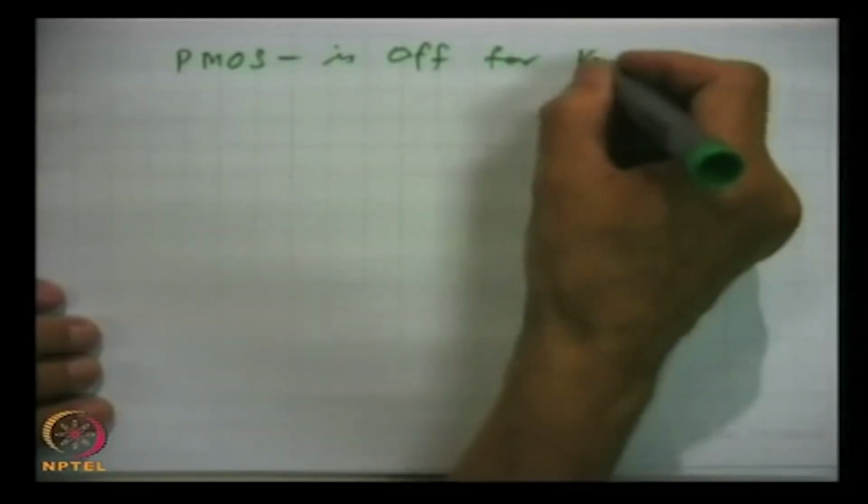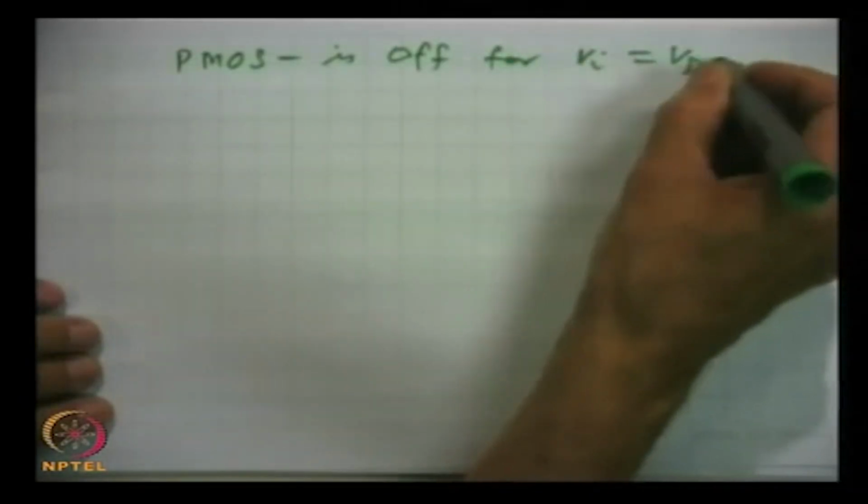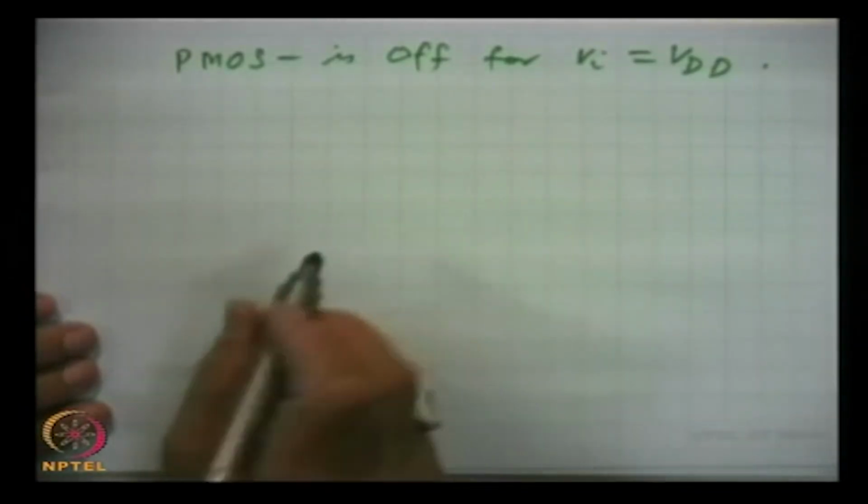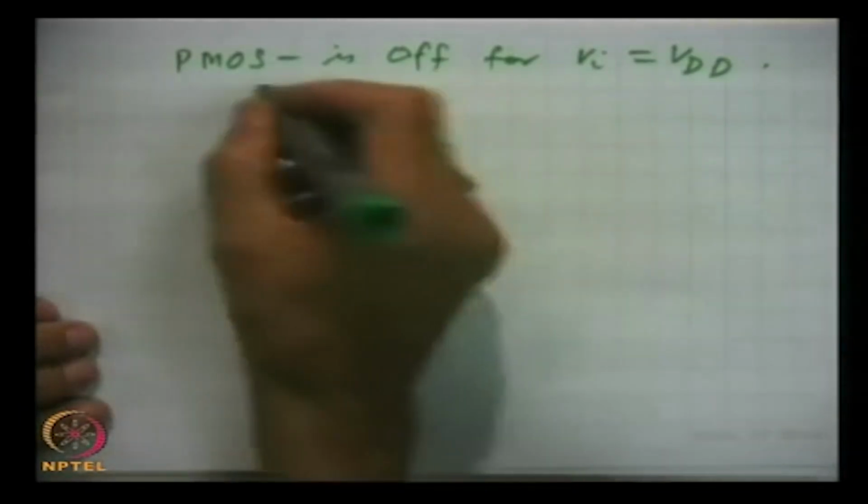for VI equal to VDD, and this we can see from equation 1.